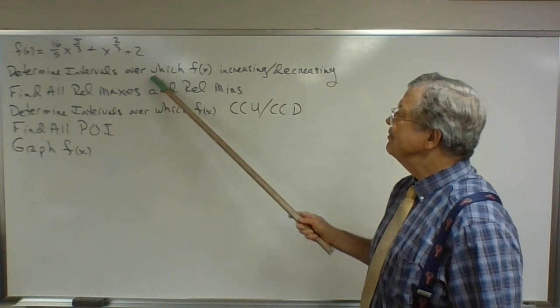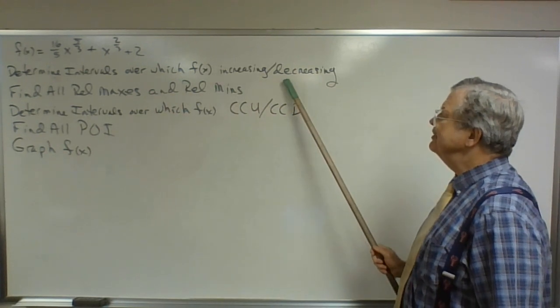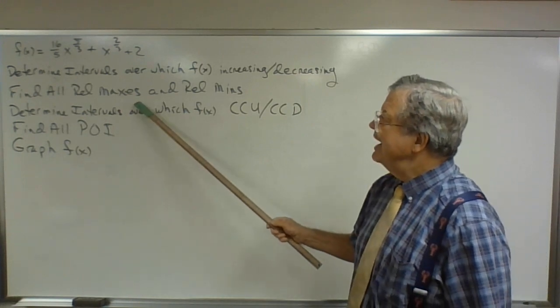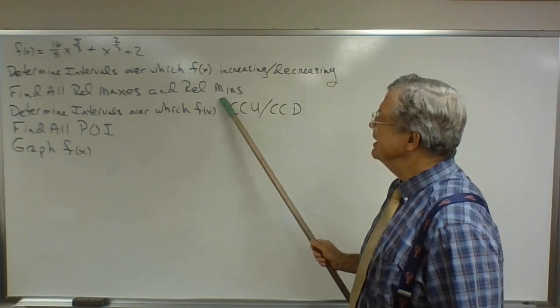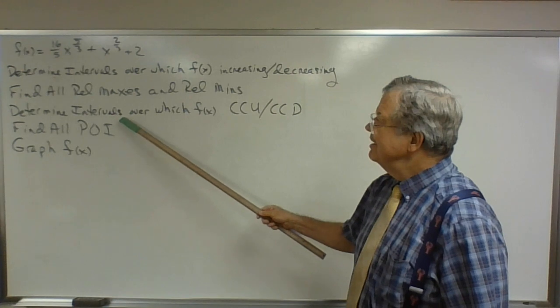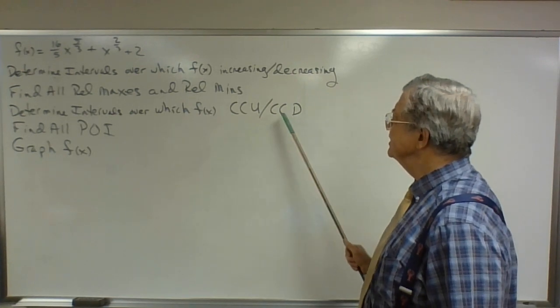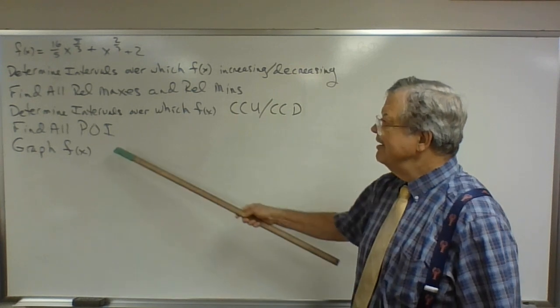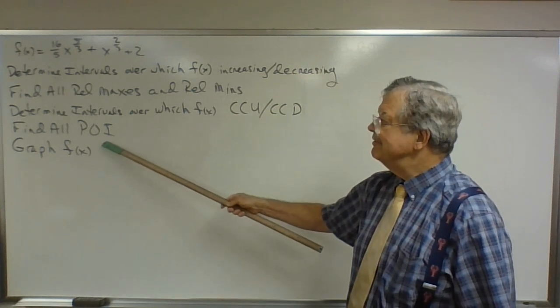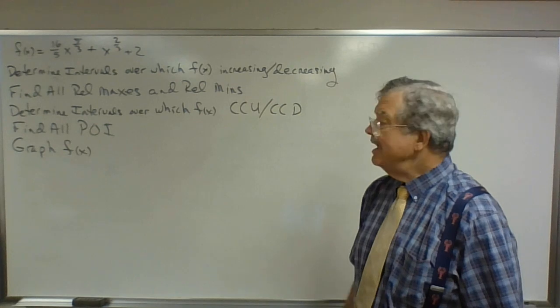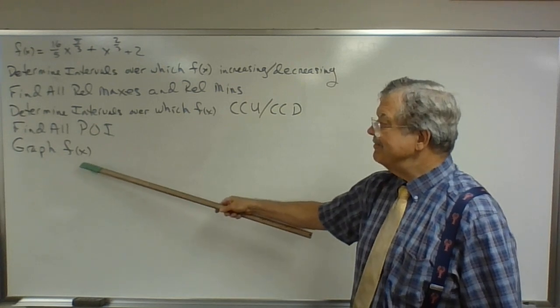Determine the intervals over which f of x is increasing and decreasing. Find all relative maximums and relative mins. Determine the intervals over which f of x is concave up and concave down. Find all points of inflection. And finally, we're going to graph f of x.